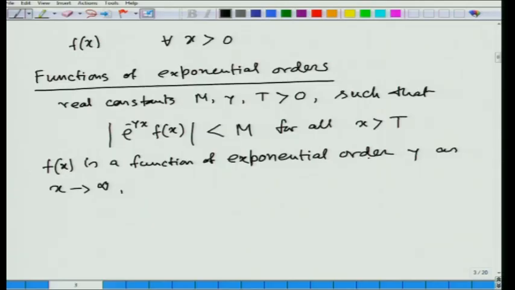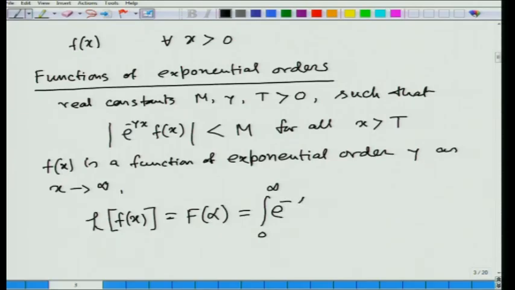Actually, if a real valued function f(x) for x greater than 0 satisfies the exponential order criteria, then only its Laplace transform exists. The Laplace transform of this function f(x) is denoted by L of f(x), and often by F of alpha, and is defined by the integral from 0 to infinity of e to the power minus alpha x times f(x) dx, where alpha is a positive real constant.